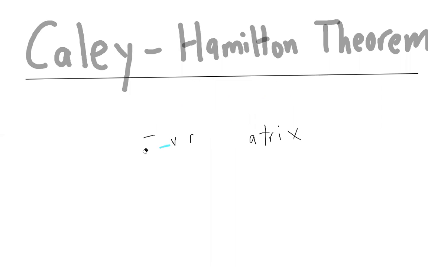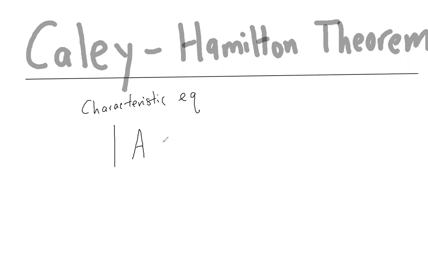This theorem says that every matrix has its own characteristic polynomial. What it means is, from eigenvectors, we have the characteristic equation, which is the determinant of A minus lambda I equals 0.